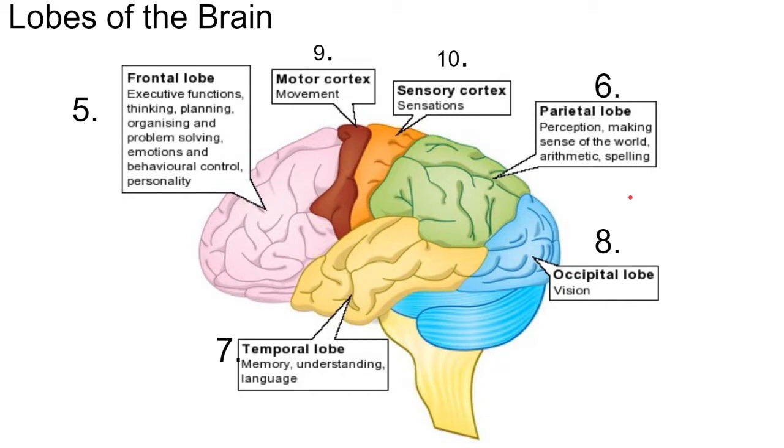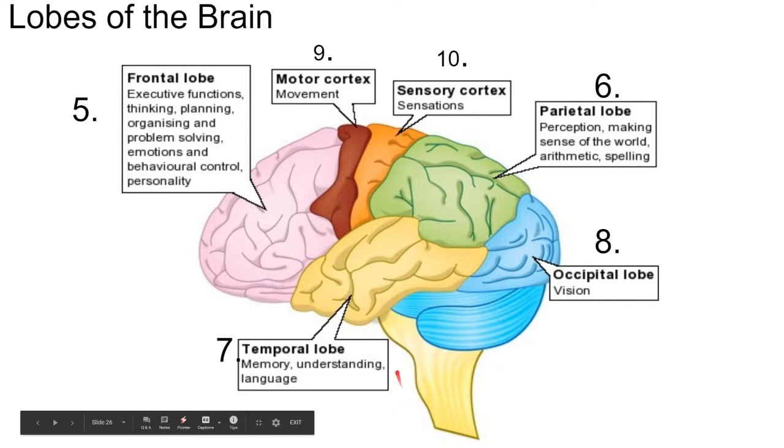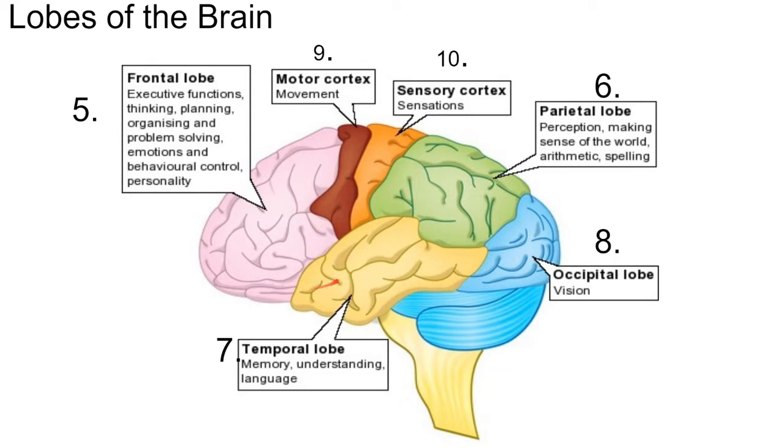So it's taking the information from your eyes and interpreting it into what you see and what you actually notice versus everything that you take in. And then finally, the temporal lobe is involved in memory, understanding, and language. So if somebody is suffering from amnesia or has speech problems that are not caused by a physical problem, it could be something in the temporal lobe.